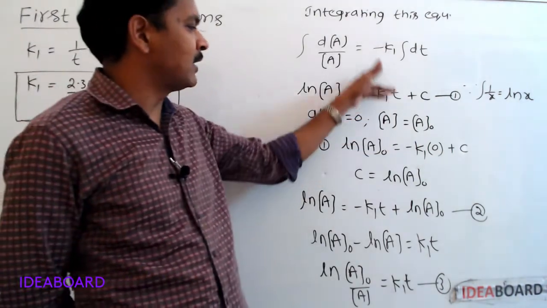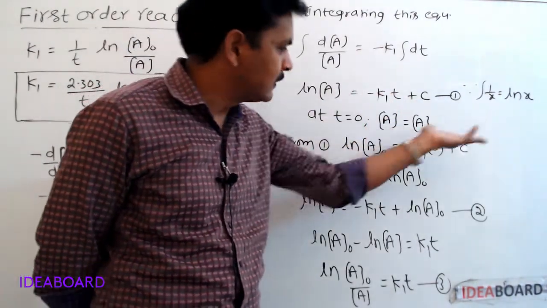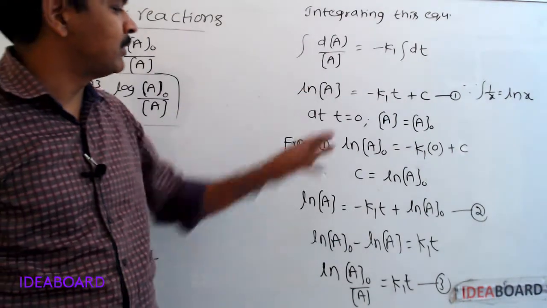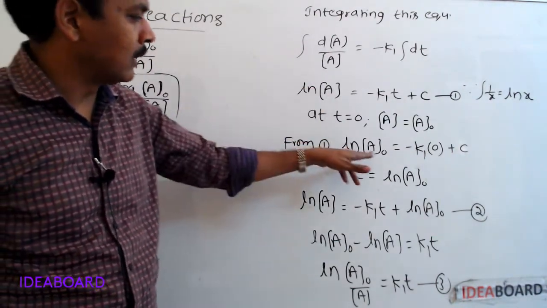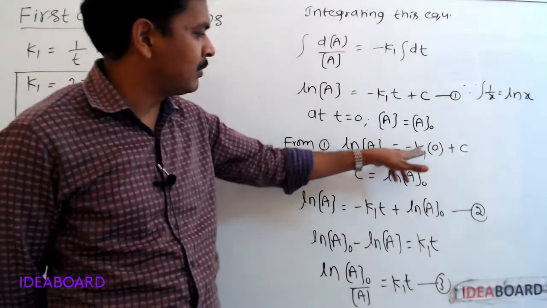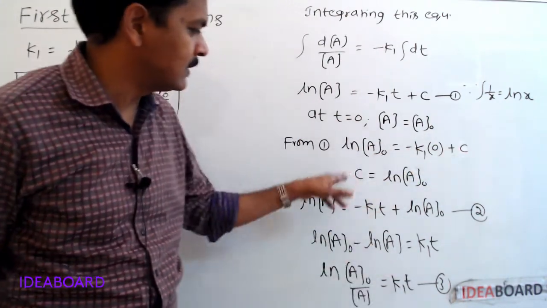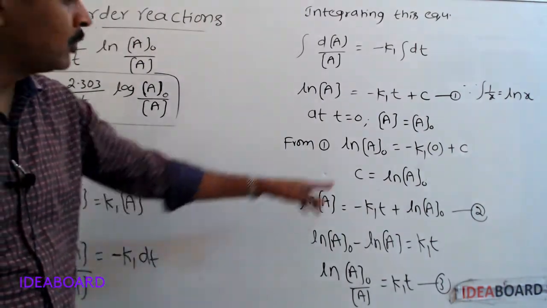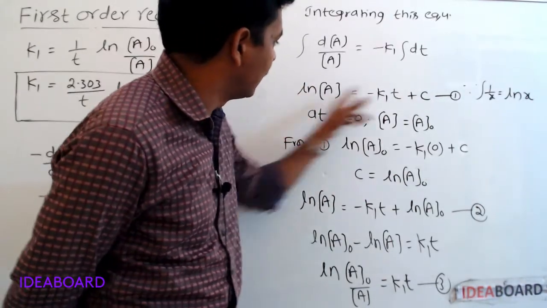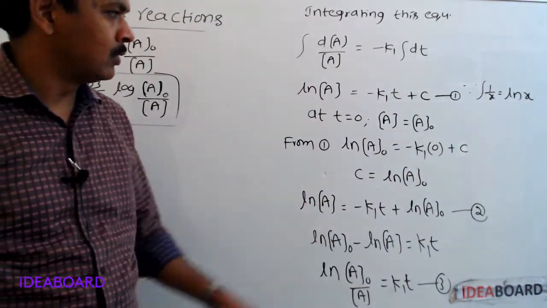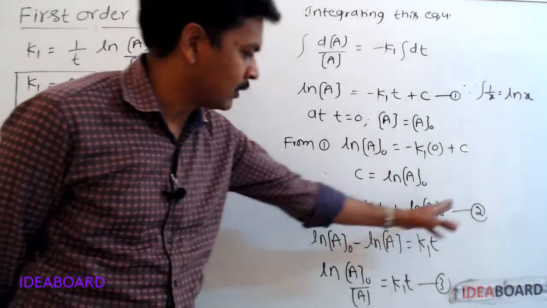From equation 1, log A naught is equal to minus K1 into 0 plus C. Then C is log A naught. By putting this C value in equation 1, log A is equal to minus K1 t plus log A naught. This is the second equation.